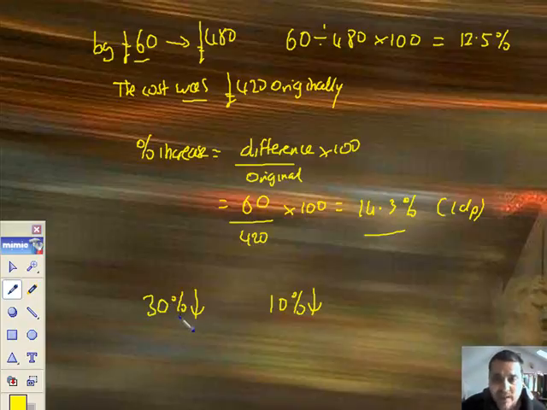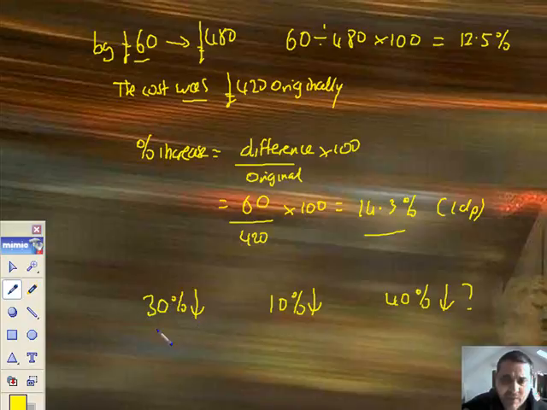Don't worry about all the technical language. Basically, she gets a 30% discount and then a 10% discount. Now, Sarah says the total reduction is 40%. Do you agree? Explain your answer. Well, it's hard to explain it unless you do a calculation.